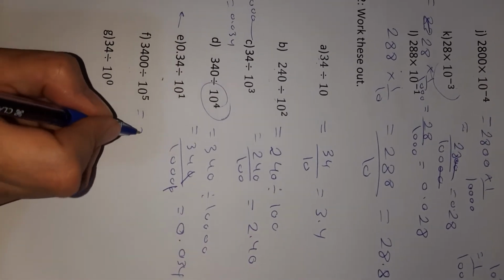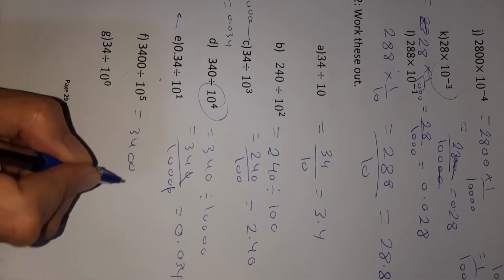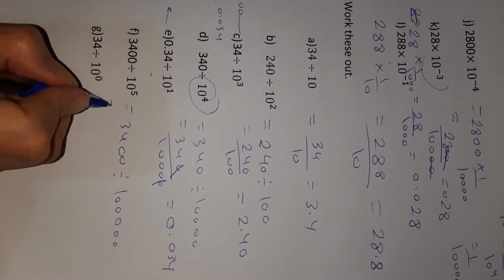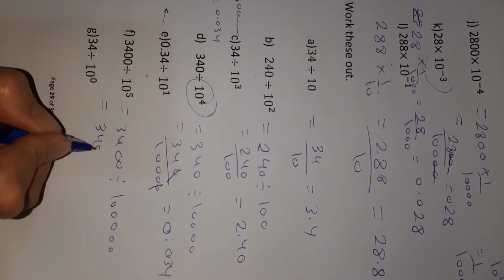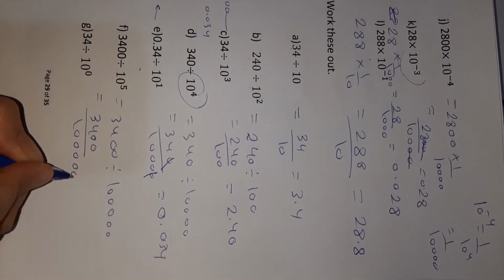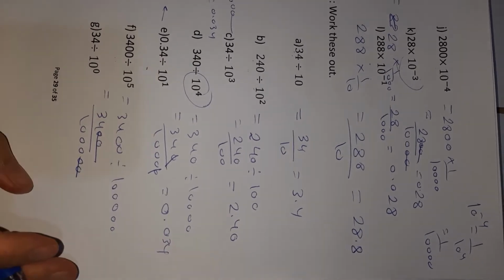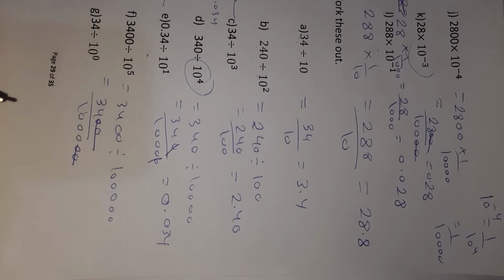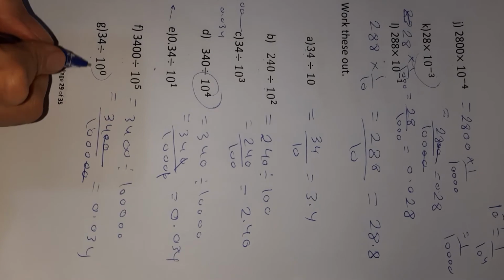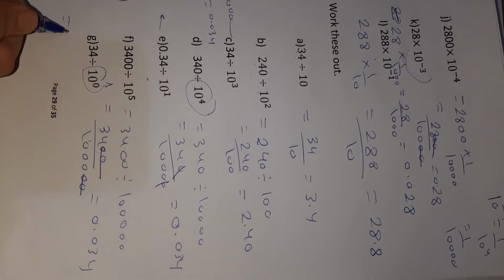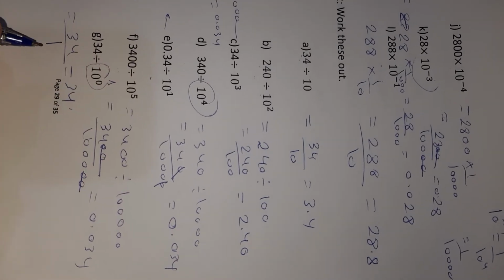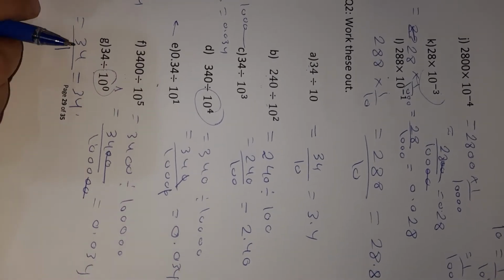This one also, 3,400 divided by 5 zeros, 2 zeros cancel with 2 zeros. Here 34 by 1,000, it means 0.034. 10 to the power of 0 means 1. This question means 34 divided by 1, it means 34.